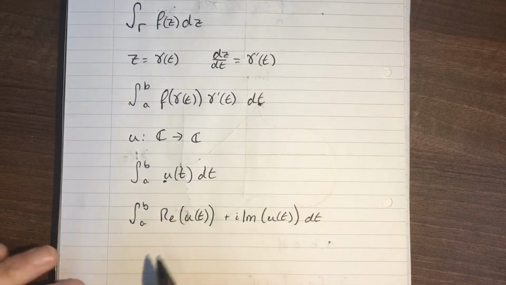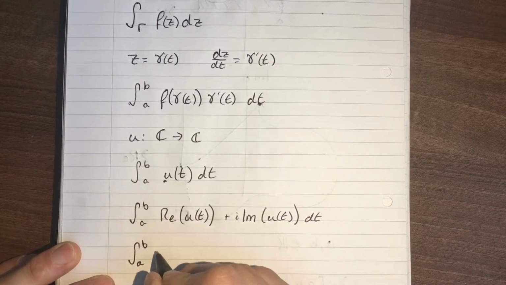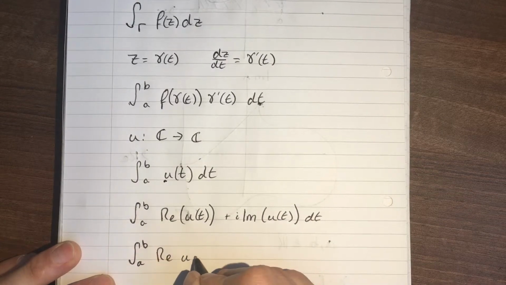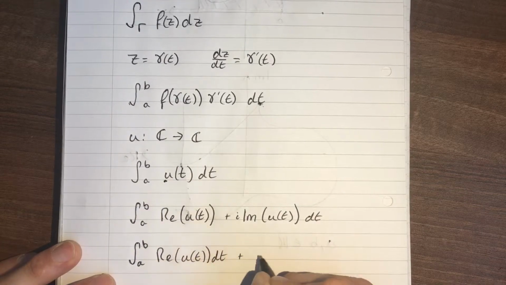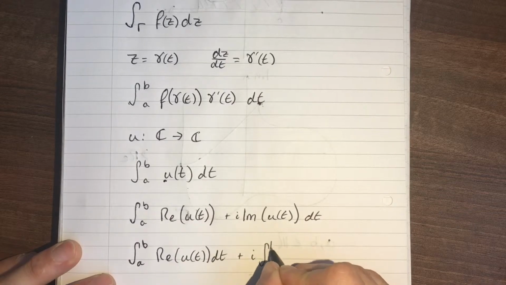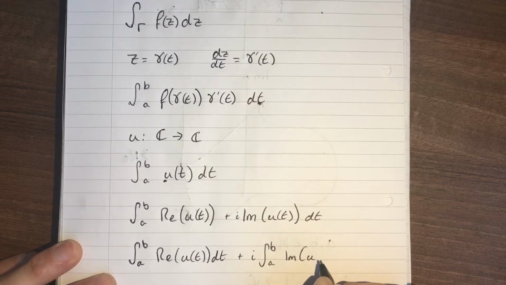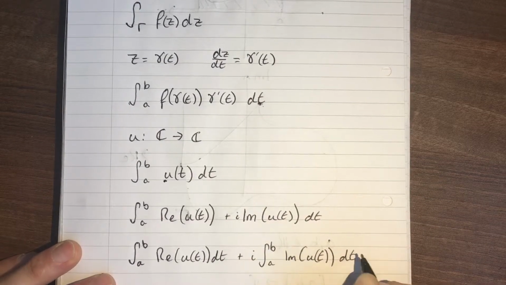And now, using our normal rules for integration, we'll have this as the integral from a to b of the real part of u of t dt, plus i times the integral of the imaginary part of u of t dt.